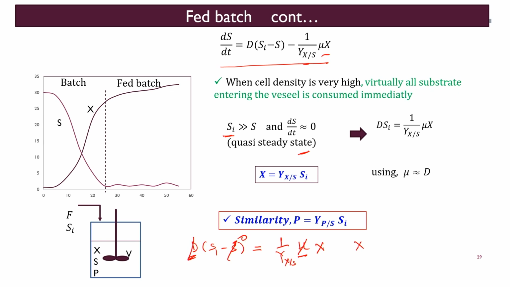So, we are getting x as Y(x/s) into Si at quasi steady state. Now, similar to the biomass, the product formation is also written in the same way: P as Y(p/s) into Si.